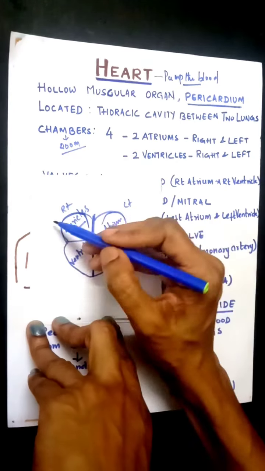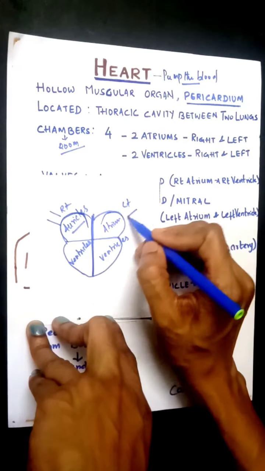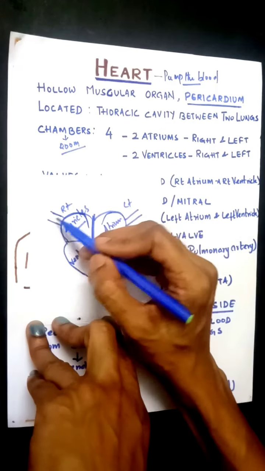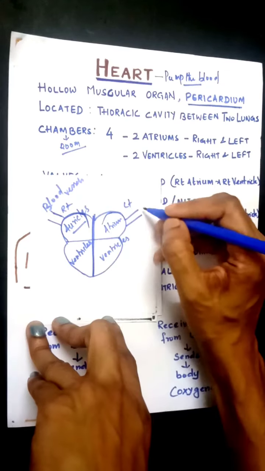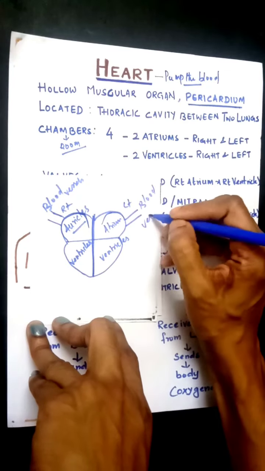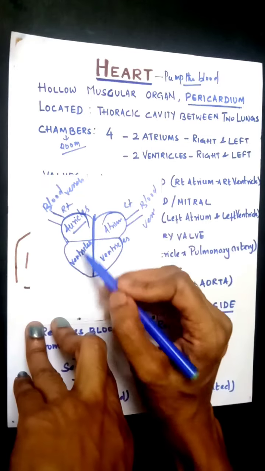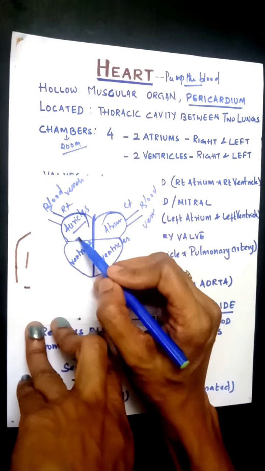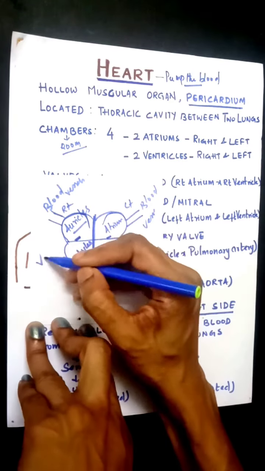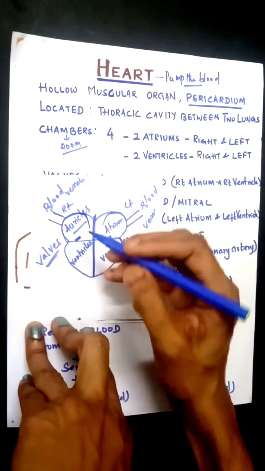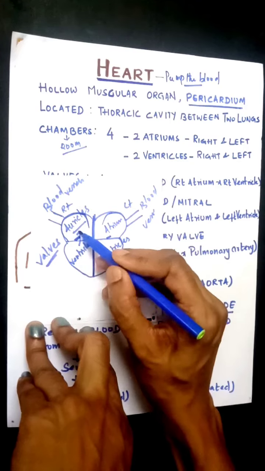These 2 rooms have 2 openings which come inside. They are blood vessels. In the same way, in between the 2 rooms you have a small door. You can call this door a valve. Valves of the heart prevent the backward flow of blood.